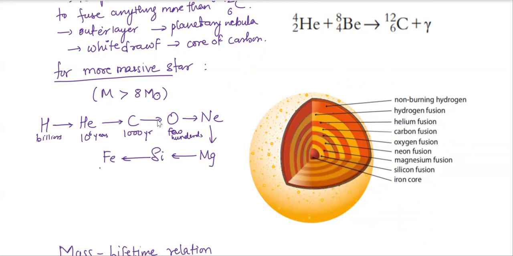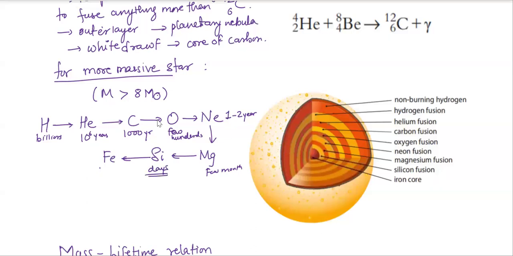The neon process might happen for 1 to 2 years. The magnesium will fuse in a few months, and the silicon to iron fuses in almost days.